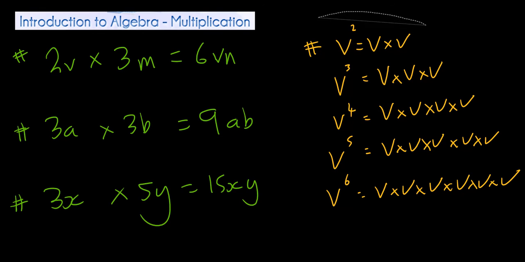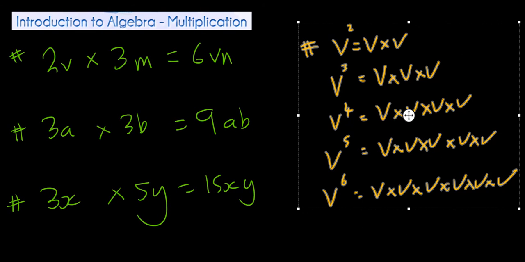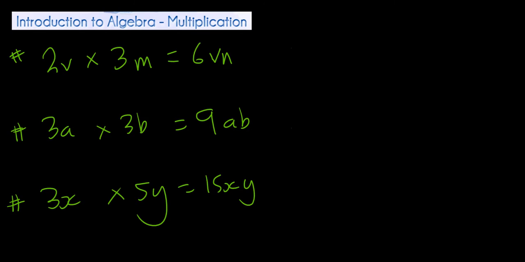And we're now going to multiply variables together with powers. So let's imagine we had another set of variables, but this time we had powers on them. So let's assign these powers.